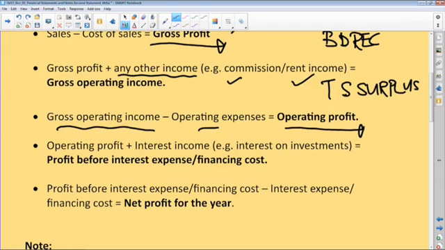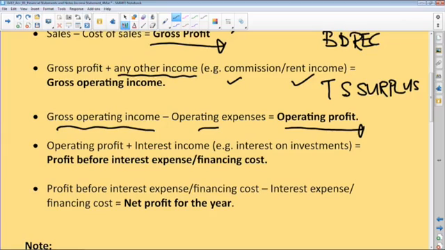Right, now, what would you include under your interest expense? You would include interest on loan, interest on your bank overdraft, and the interest that was charged by your creditors. So any interest that we have paid or interest that we have accrued would be included with my interest expense.